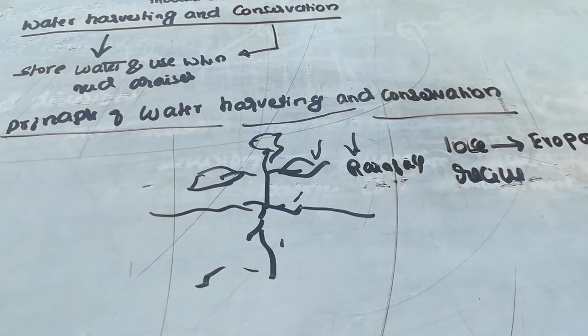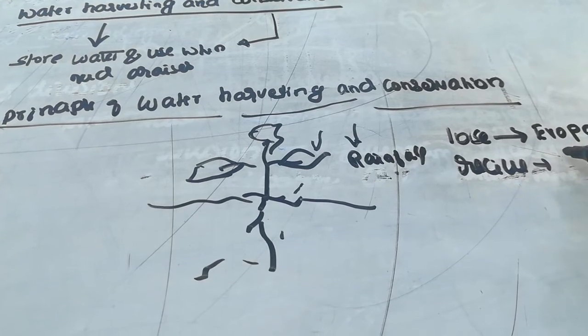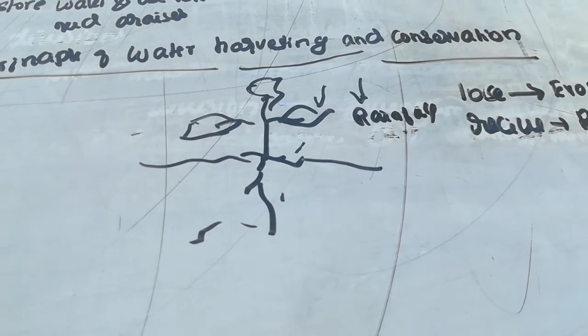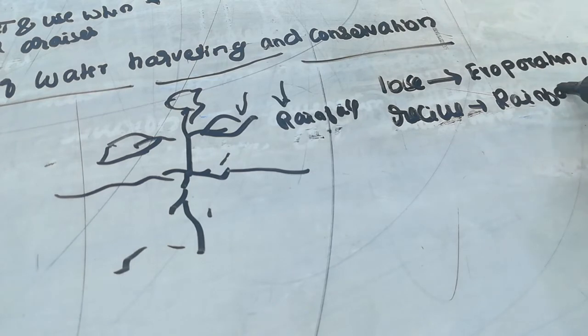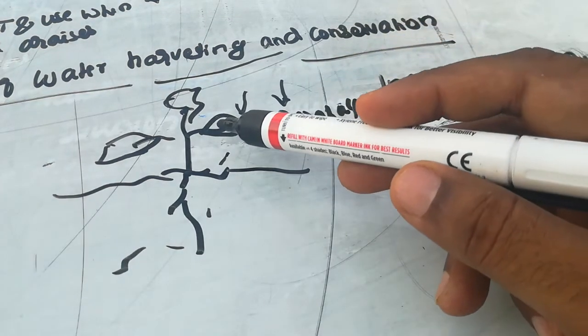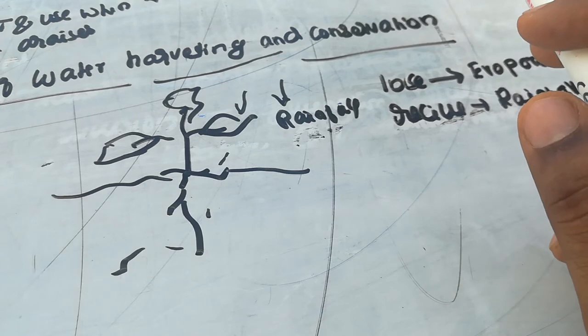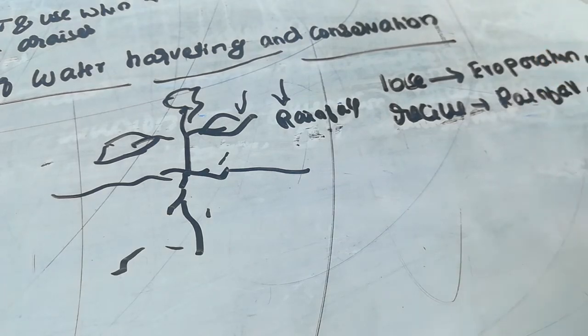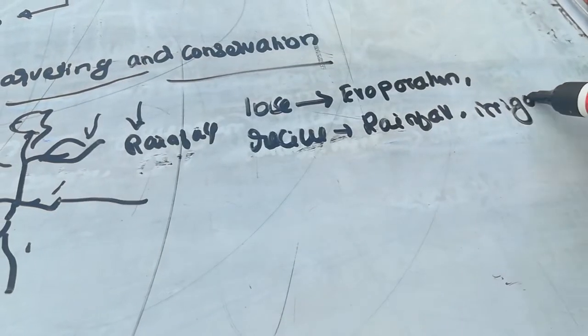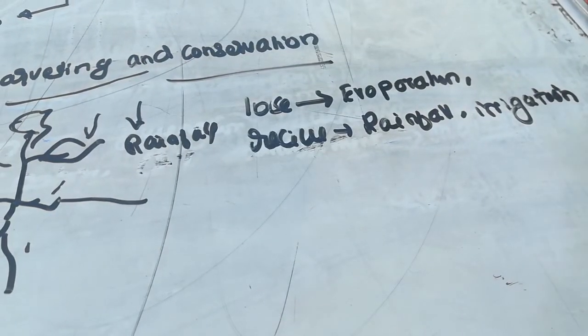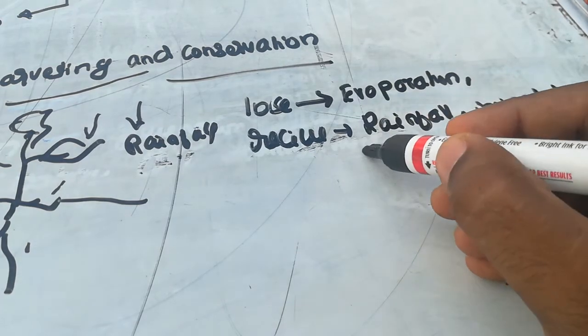Crops receive water by rainfall systems. When rainfall comes, the crop uses the water. Another is irrigation, drip irrigation, different irrigation systems that supply the water. And next, stored soil water.